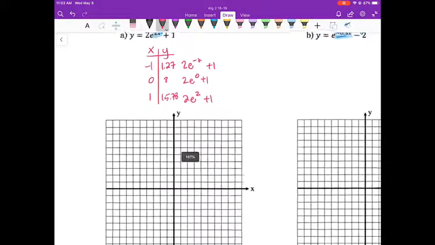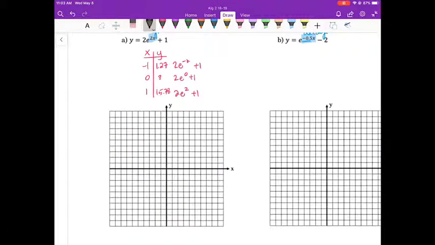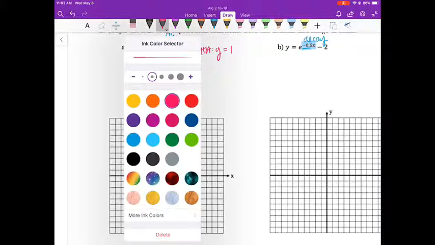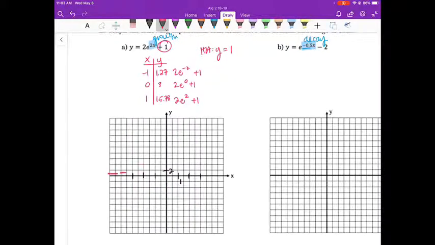Because of that large y-coordinate, we are going to count by 2's on our y-axis. On our x-axis, we've got plenty of room, so we're going to space them out, and those tick marks each only stand for 1. Our exponential functions have horizontal asymptotes, always y equals your k value. Our entire graph has shifted up 1, including our horizontal asymptote.